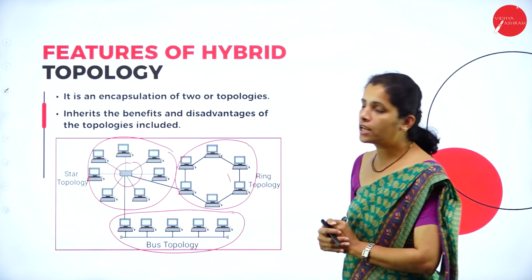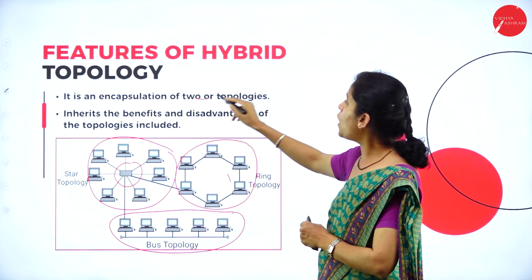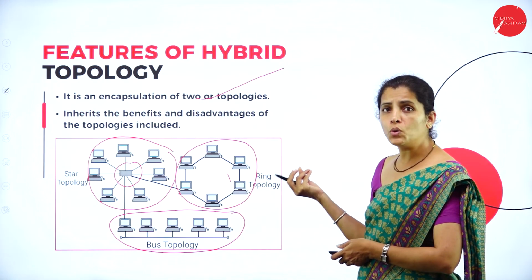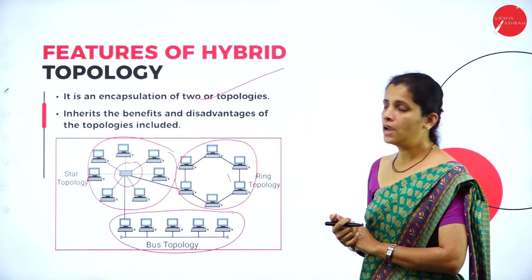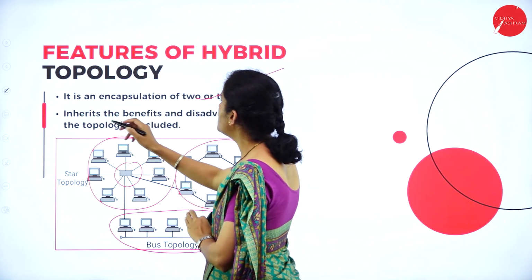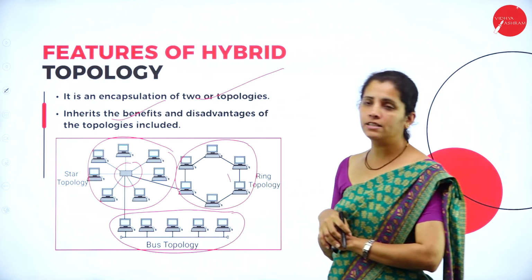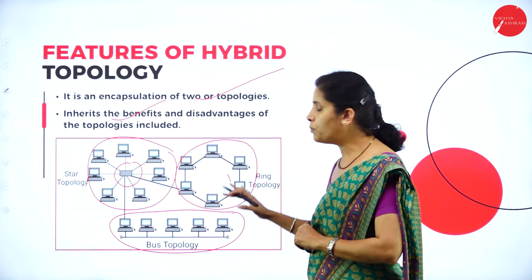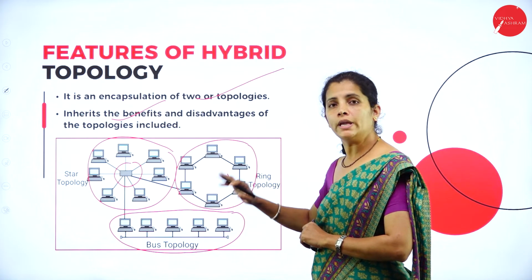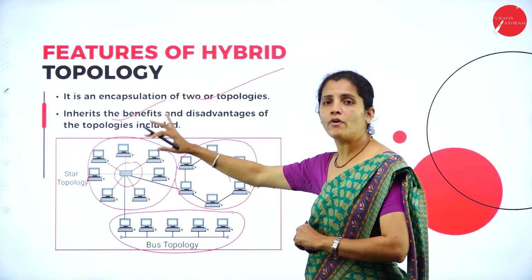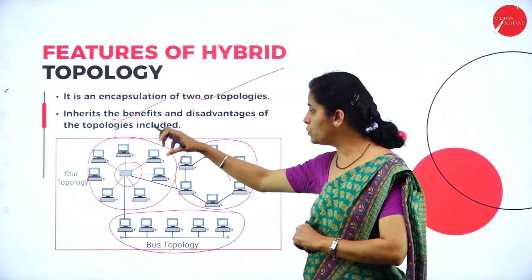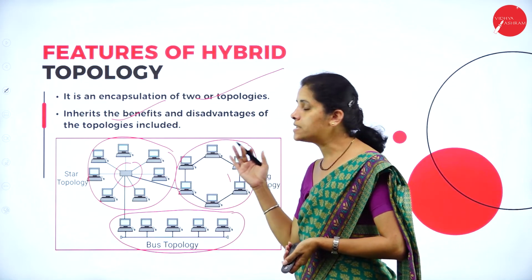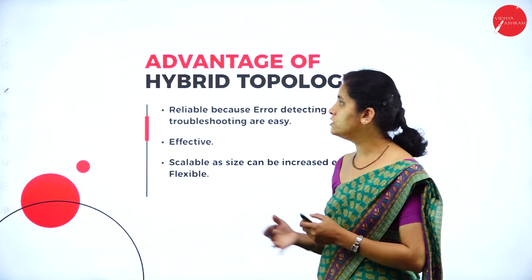It is an encapsulation of two or more topologies and inherits the benefits and disadvantages of the topologies. When I combine all the topologies together, it's going to inherit all the advantages as well as disadvantages of the topologies.